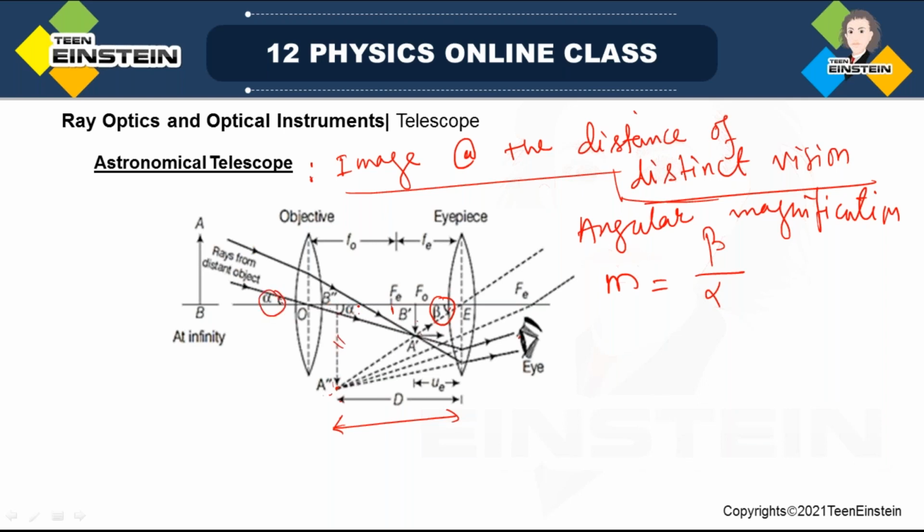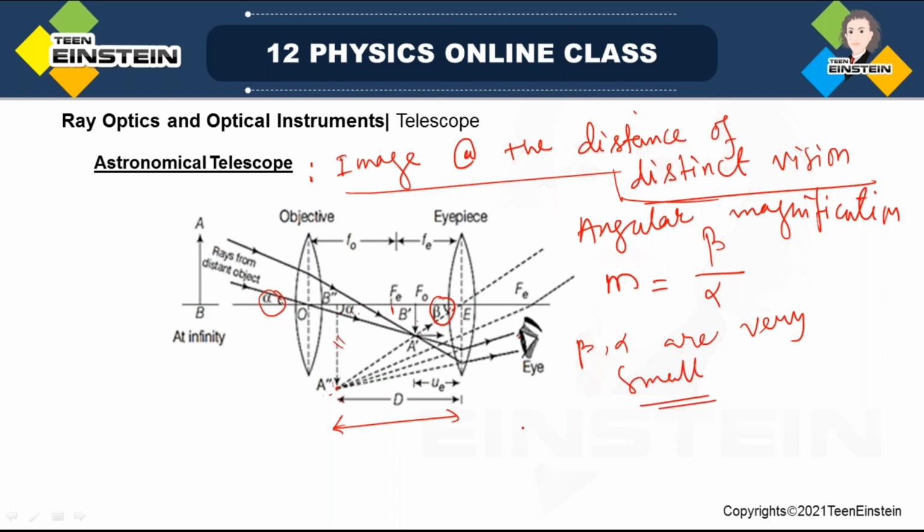Taking the opposite side, these are opposite angles, so here also it is alpha. In general, beta and alpha are very small.